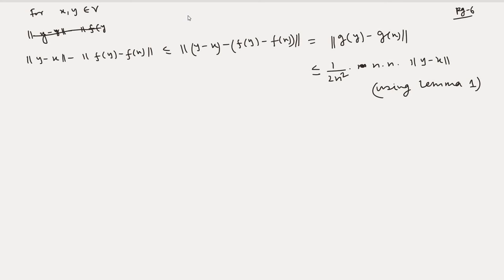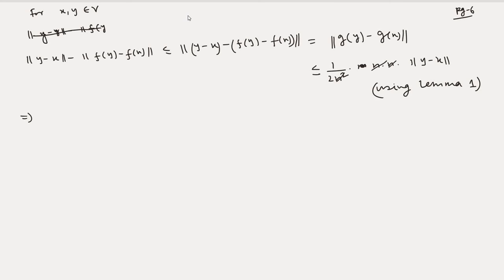Then this cancels out, so the right hand side is norm of y minus x over 2.